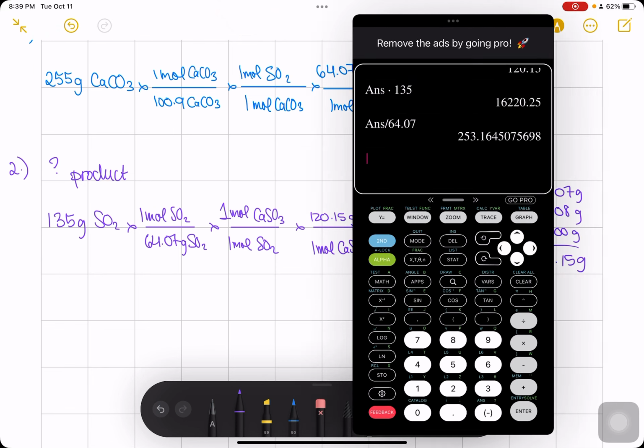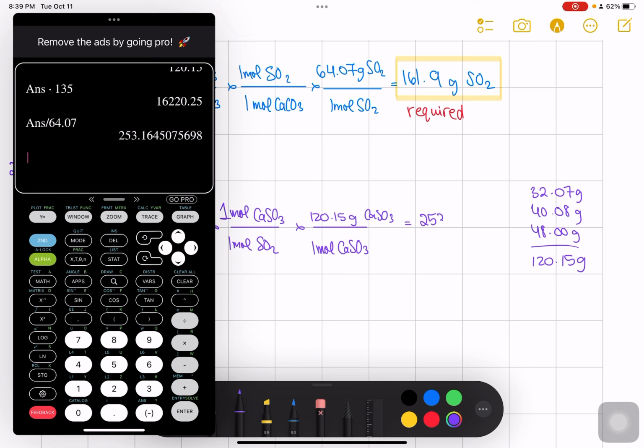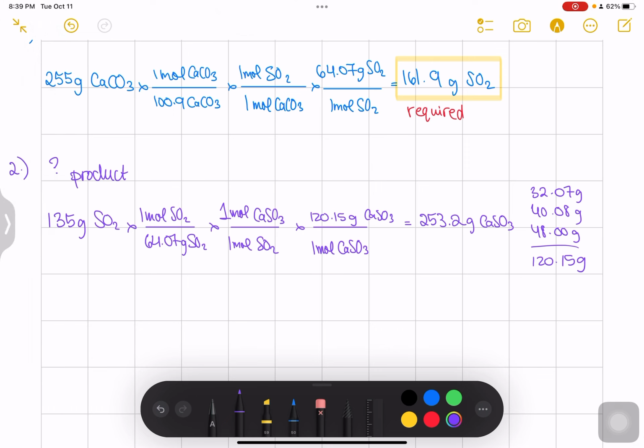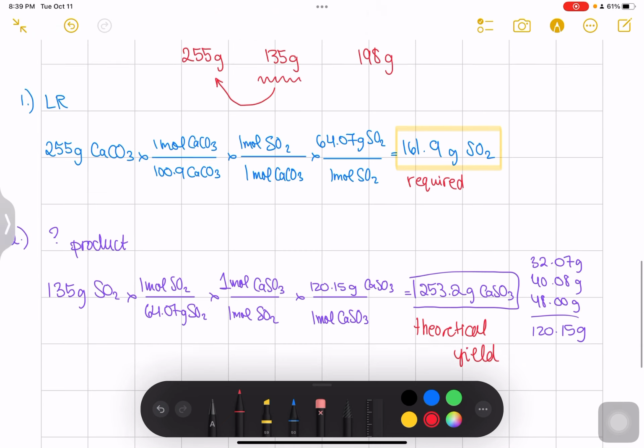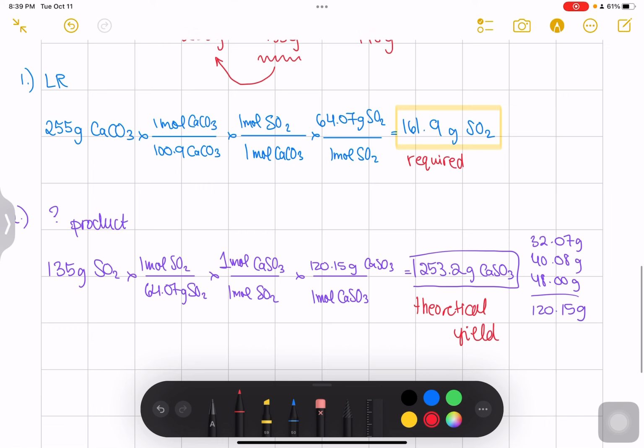I'm going to wind up with 253.2 grams of CaSO3. Okay, you know what this is? This is our theoretical yield. So this is how much we'll wind up with if everything went perfect in our reaction.